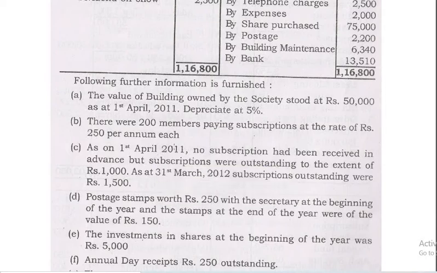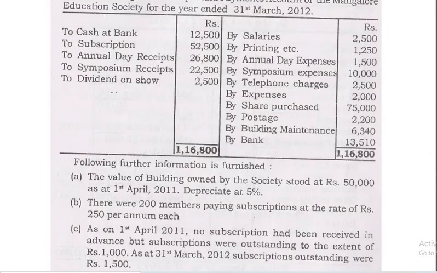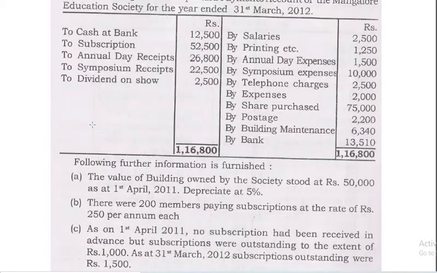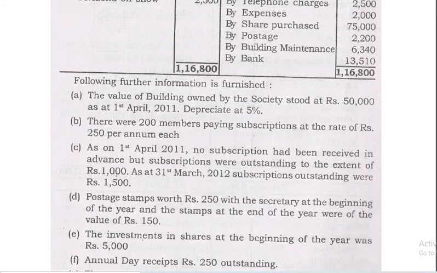This is relating to last year. Subscriptions were outstanding at the beginning of the year. Therefore, 1,000 rupees should be deducted from these subscriptions: 52,500 minus 1,000, because the amount paid of 52,500 includes rupees 1,000 paid for last year. And then at the end of the year, 1,500 is outstanding. That should be added.